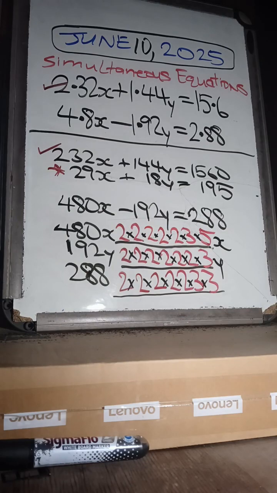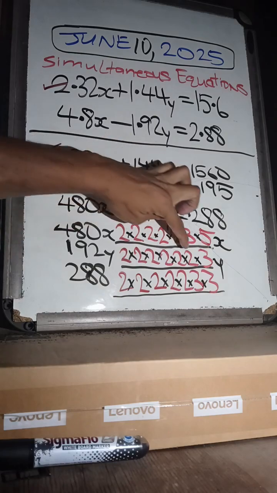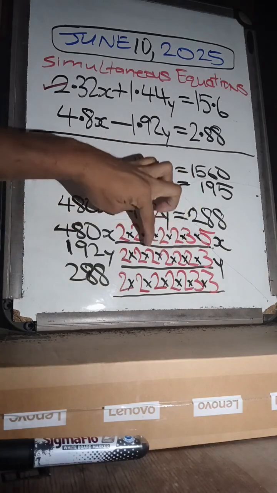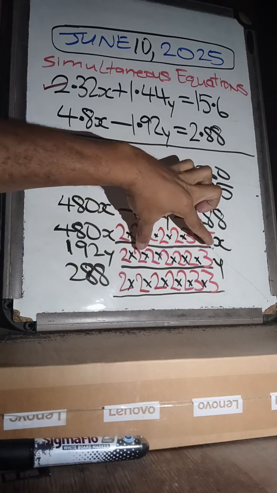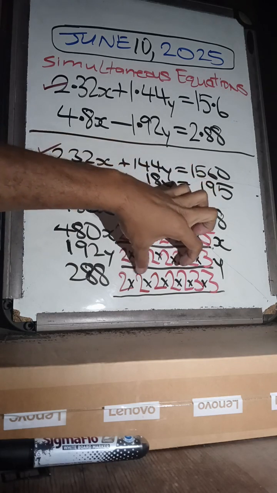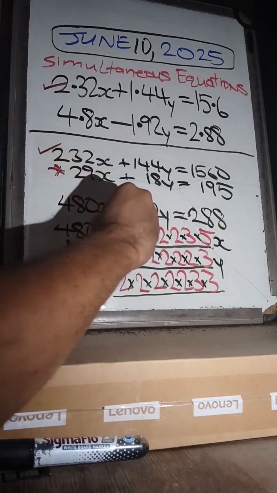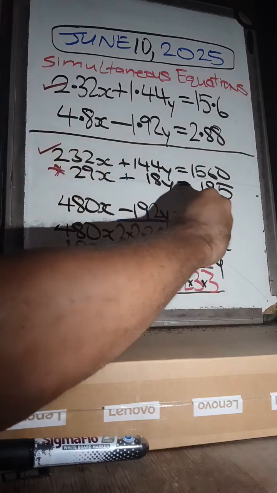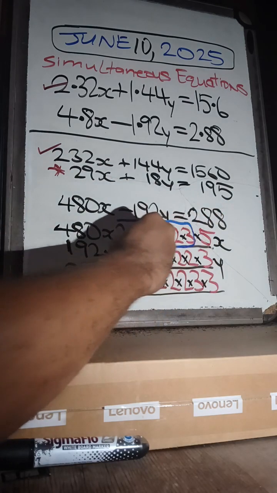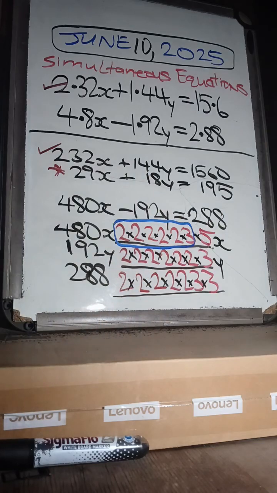This is something. 1, 2, 3, 4, 5 2's and a 3. Yeah, it's 5 2's and a 3 for all of them. So 5 2's and a 3 here.